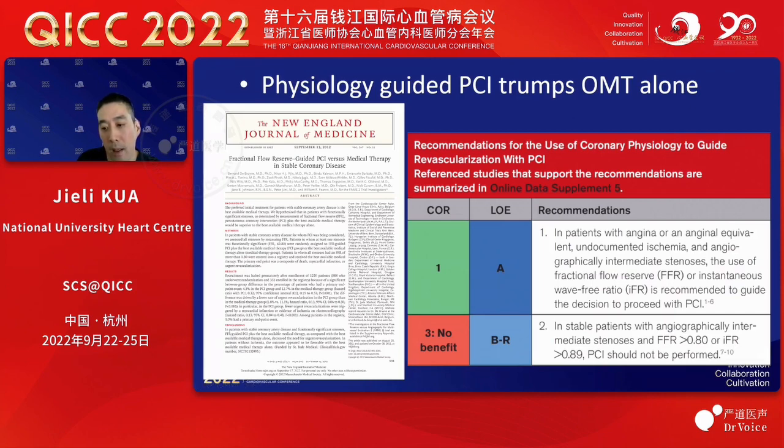This has made it to the guideline recommendations, where FFR or iFR is now given a class 1 indication for stable IHD before we decide to proceed with PCI. We also know that if lesions are not physiologically significant, then PCI should not be performed.